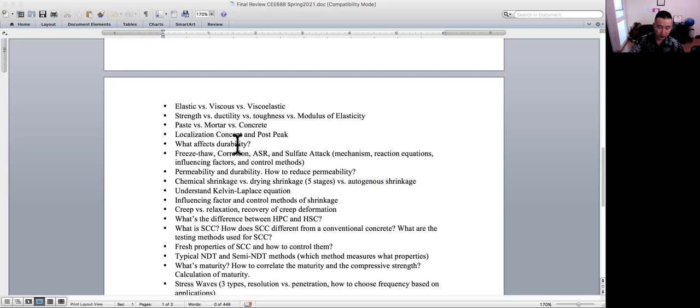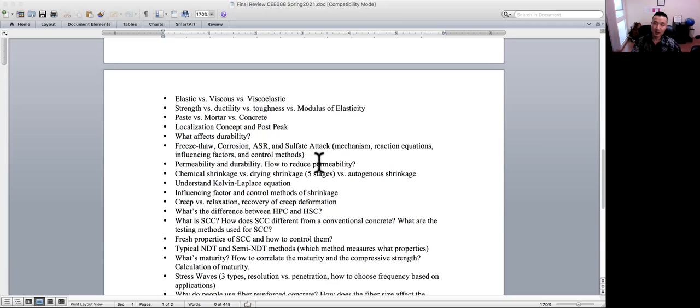And then you should understand freeze-thaw damage, corrosion, alkali-silica reaction, and sulfate attack. The mechanism, the chemical reaction equation if there is any, the influencing factors, and how we can control these physical or chemical attacks. This is also a very important part.